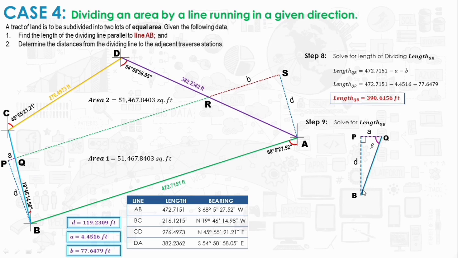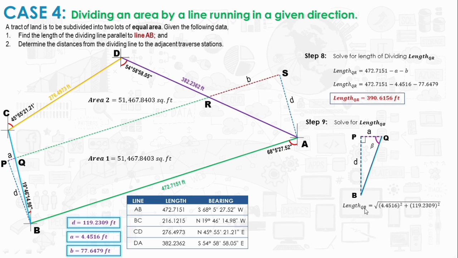Since this is a right triangle and meron na tayong value ni A and B, pwede nating ma-solve si length QB using the Pythagorean theorem, di ba? The hypotenuse squared is equal to A squared plus B squared.